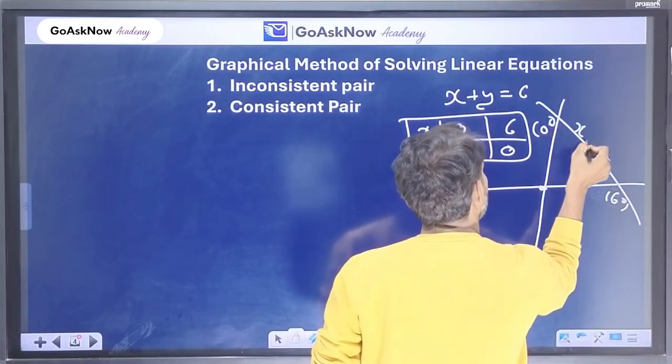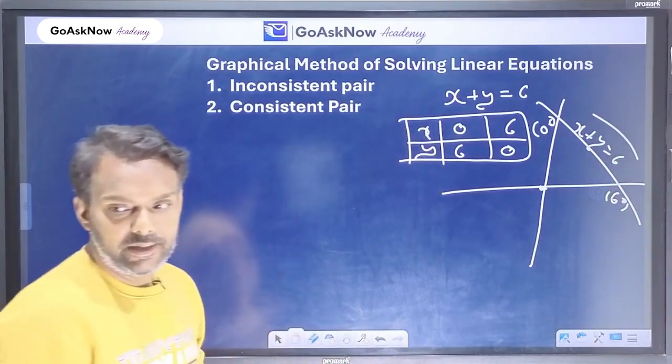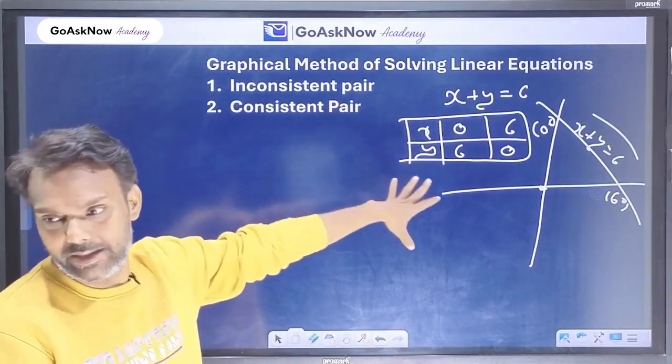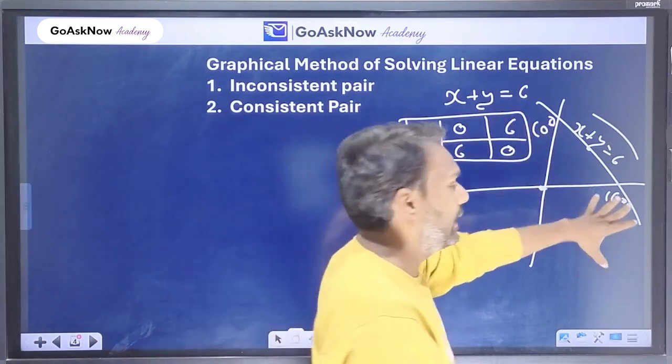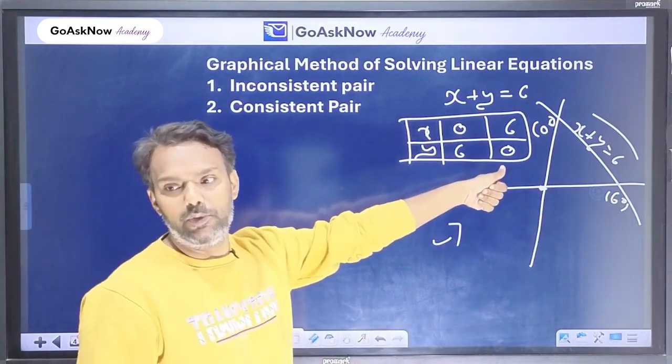So this is x plus y equals 6. A linear equation in two variables always represents a straight line, which can be made through a value table.